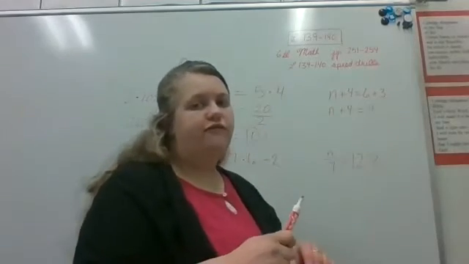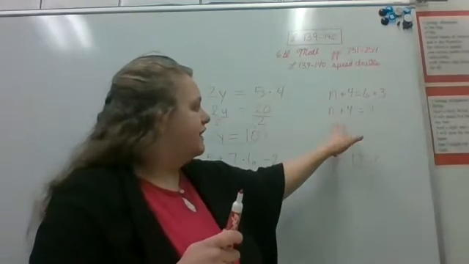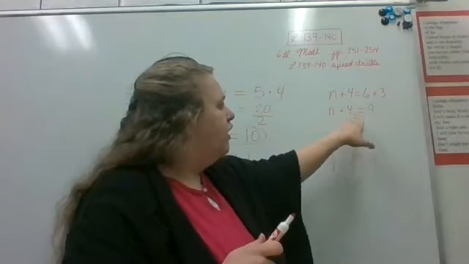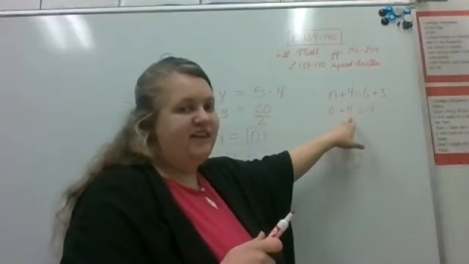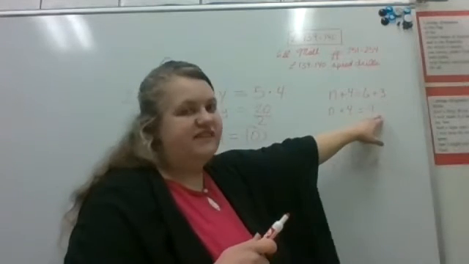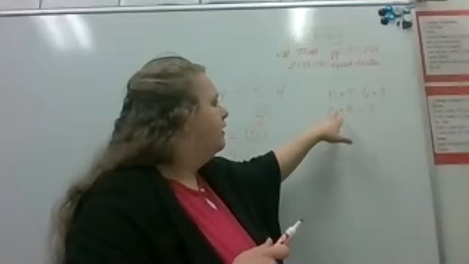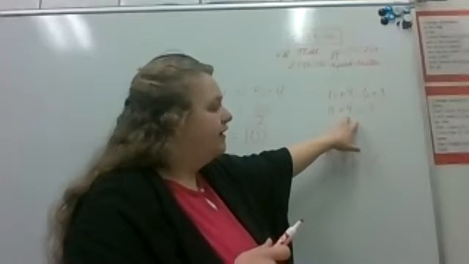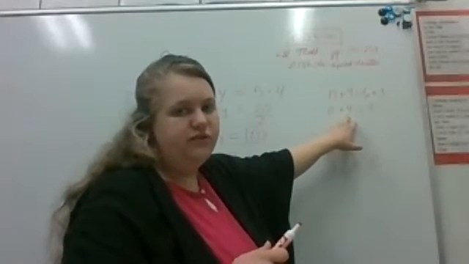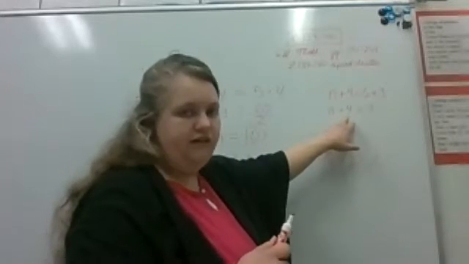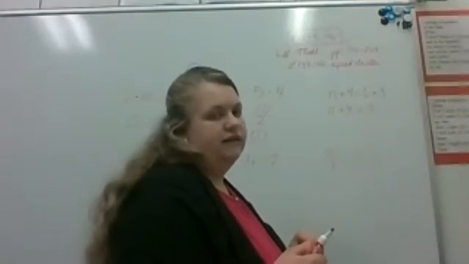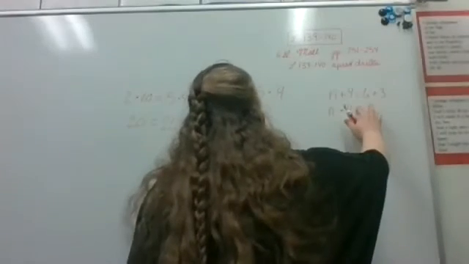In order to get 4 off of this side and get the n by itself, we have to do something to it over here and do the same thing over here. So we're adding 4. What do we do to get it off of there? Okay, I didn't give myself a whole lot of room this time.